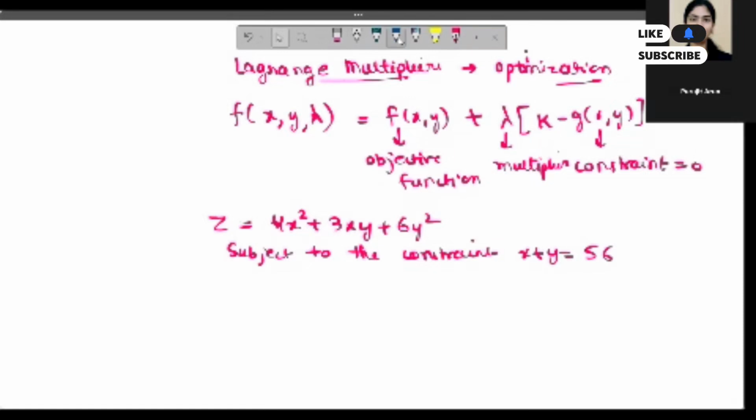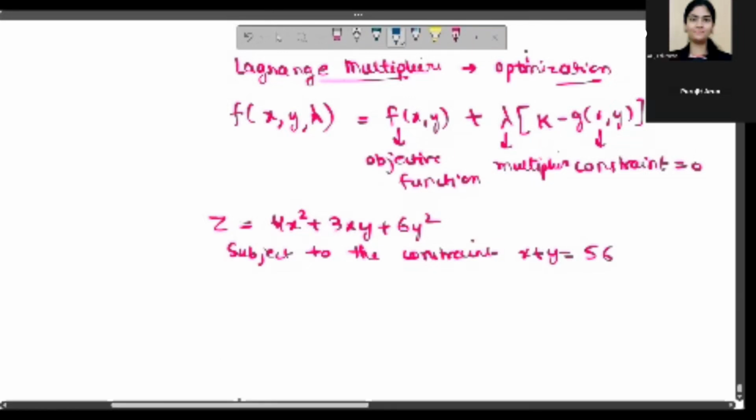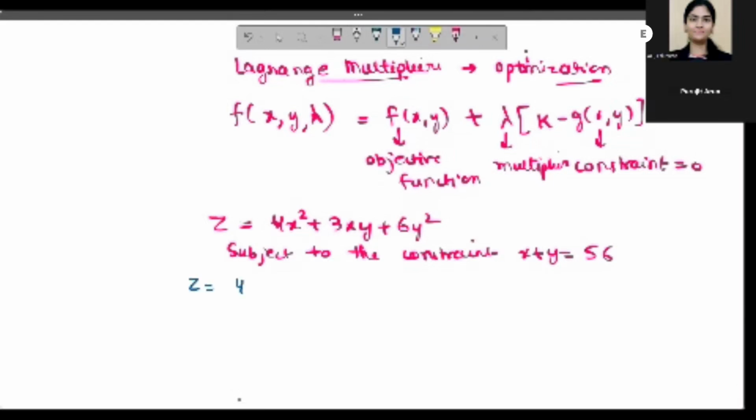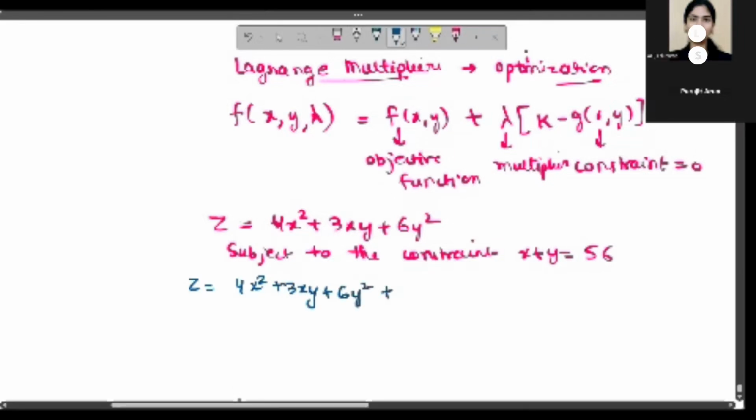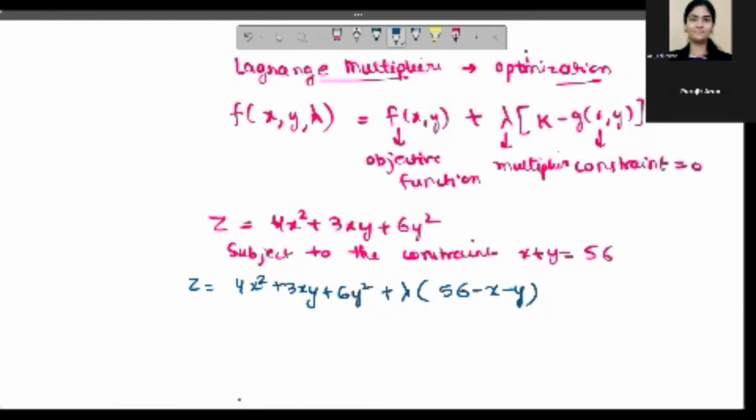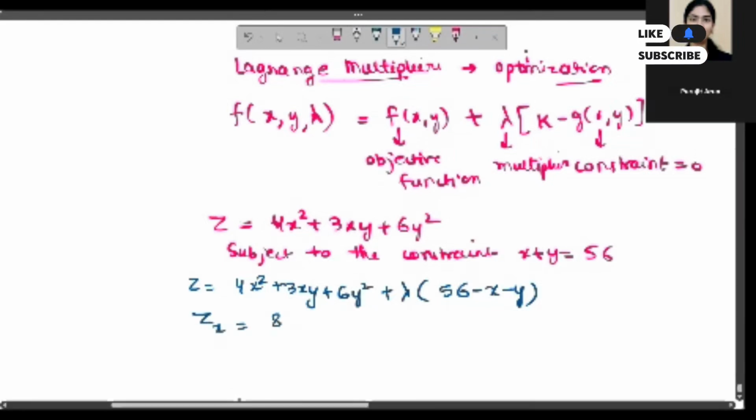Subtracting, 5x minus 9y equals 0. 5x equals 9y. X is equal to 1.8 y. Then 56 minus 1.8y minus y.